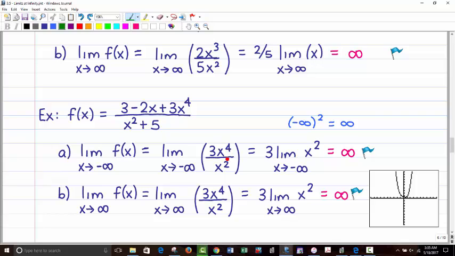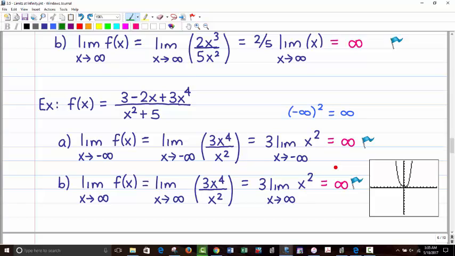Bring the 3 out, x to the 4th over x squared. When you plug negative infinity in there, infinity squared is still infinity, but you are squaring that negative. That's very important. Squaring that negative turns it positive. Our coefficient is positive, so it'll stay positive. So that will be positive infinity.